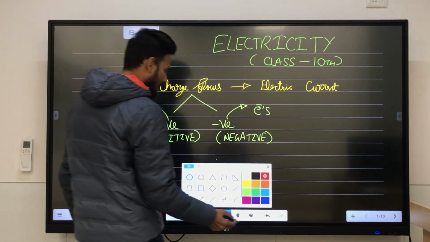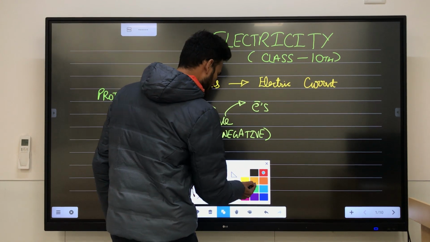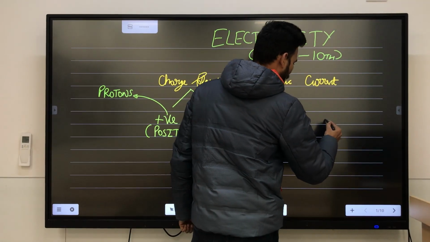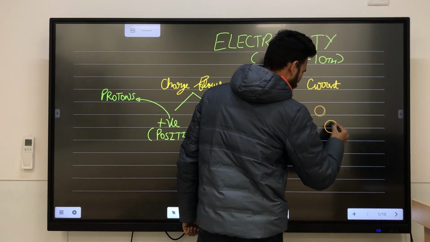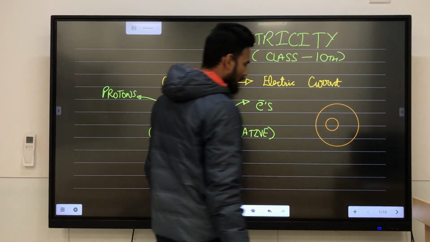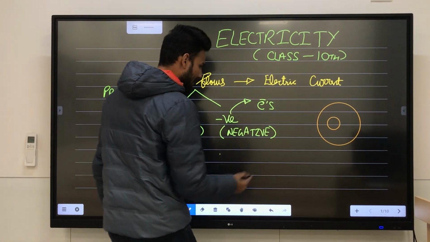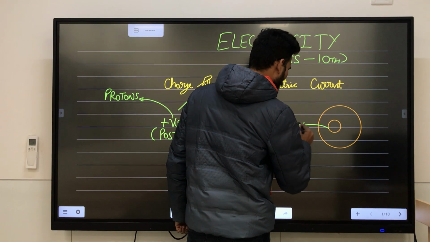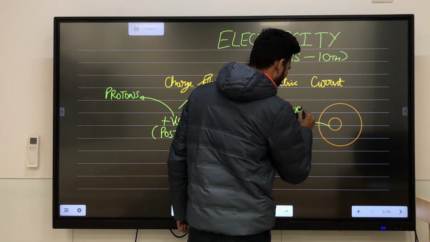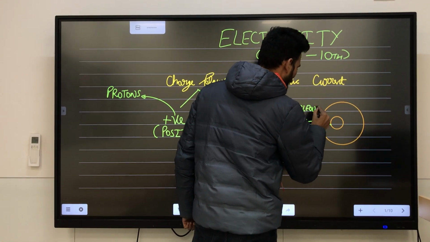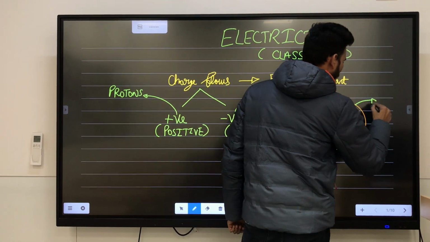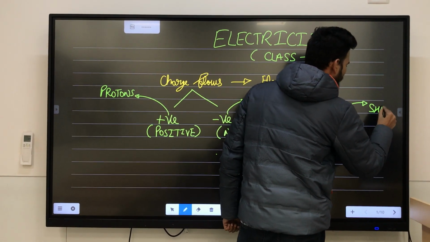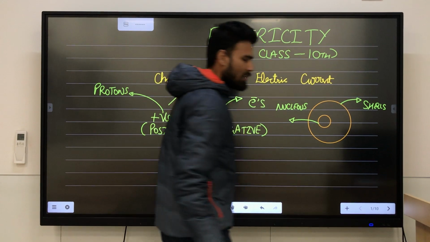Suppose I am having an atom over here. The centralmost part is called the nucleus, and the outer parts are called shells.